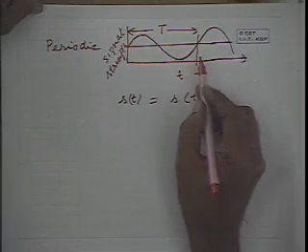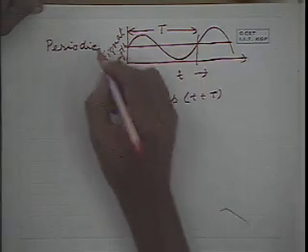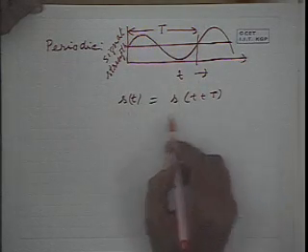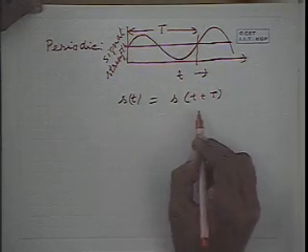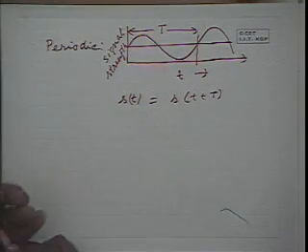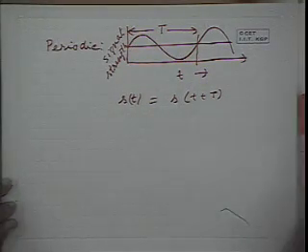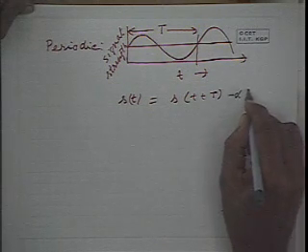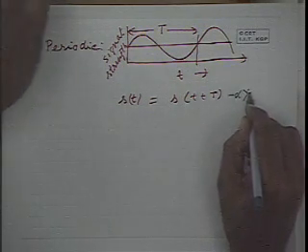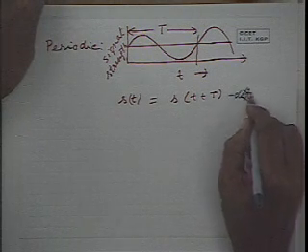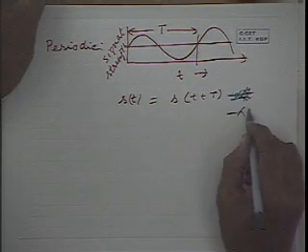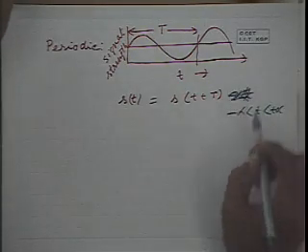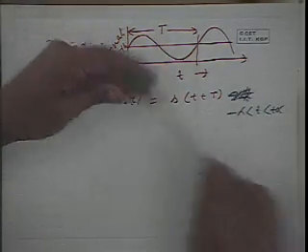So in case of periodic signal, it is repeated over time in this way, and it can be represented by this equation s(t) is equal to s(t plus T), and time varies from minus infinity to plus infinity.